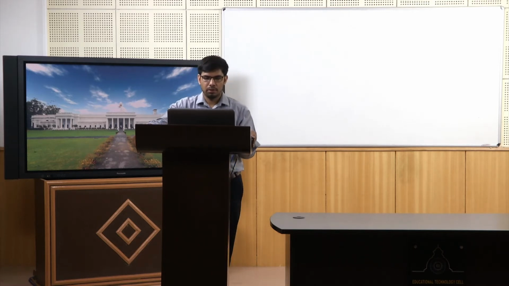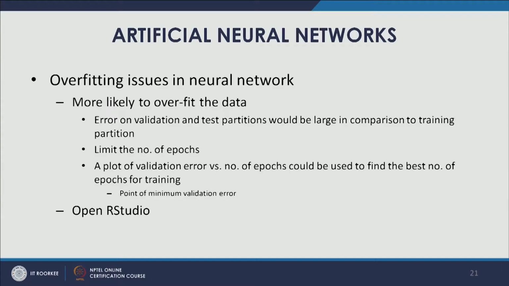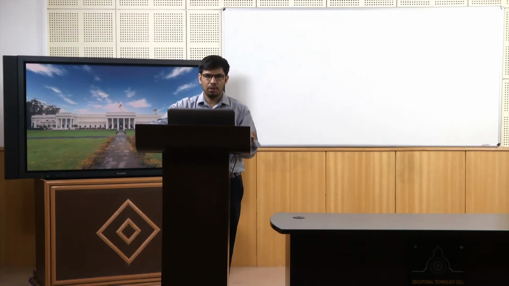One way that we discussed was a plot of validation error versus number of epochs that could be used to find the best number of epochs for training, so the point of minimum validation error. It is a similar exercise to what we have done in previous techniques. We discussed this part, and we also did some modeling to understand it better. So we will continue from there.